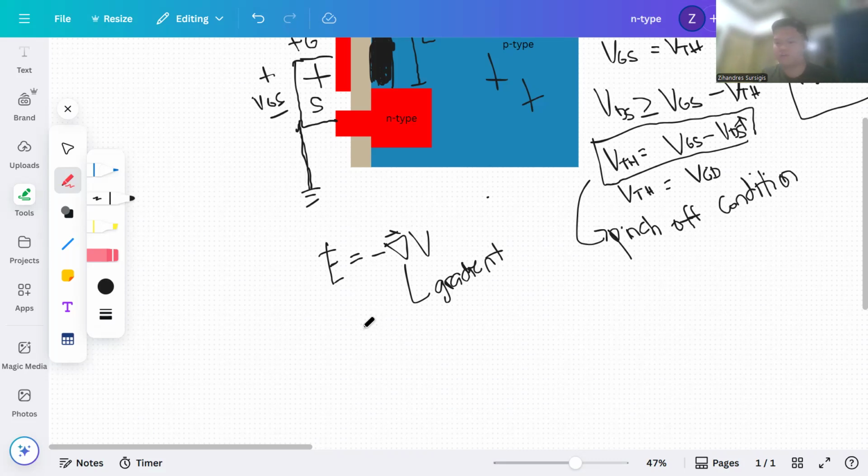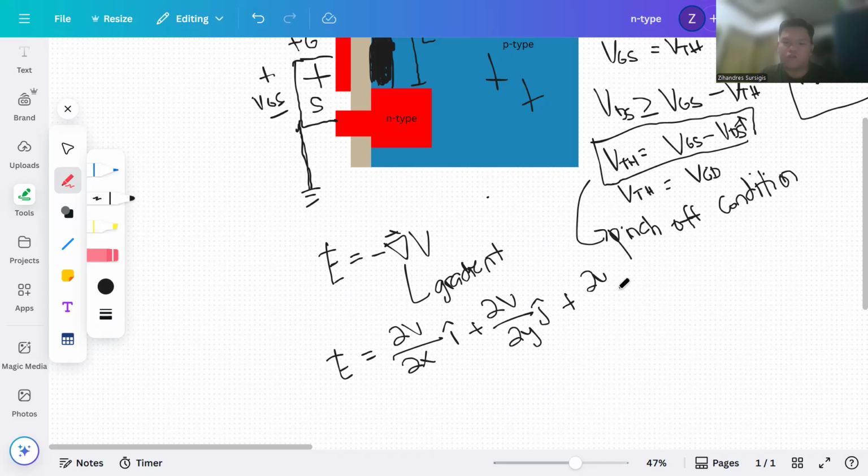So gradient meaning E, electric field, is just equal to the partial derivative of V, if we are talking about a three-coordinate system, X, Y, and Z. So the partial derivative of V with respect to X, i hat, plus partial derivative of V with respect to Y, j hat, plus partial derivative of V with respect to Z, k hat.